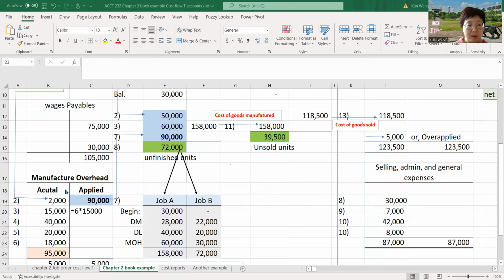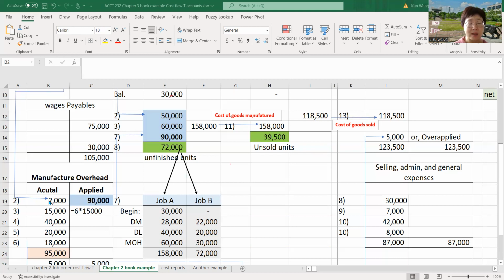For this account, when the different overhead costs are incurred over time in the reporting period, such as your indirect labor, indirect materials, the depreciation of machinery, and other related overhead costs, we debit them to the left side of the overhead account with the related credit.